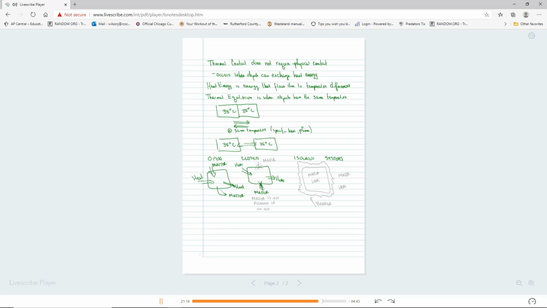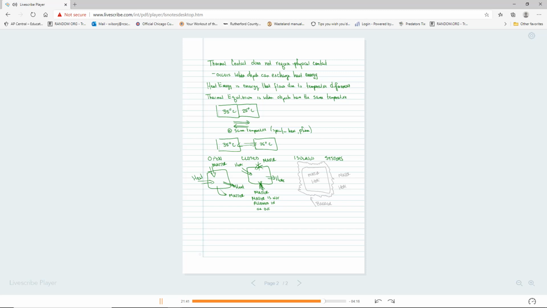If matter tries to flow in, it can't. If matter tries to flow out, it can't. So matter is not allowed in or out.